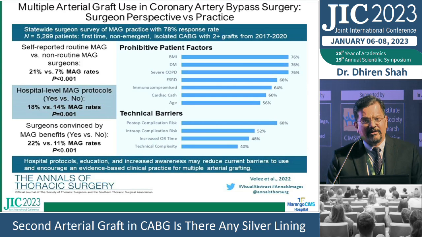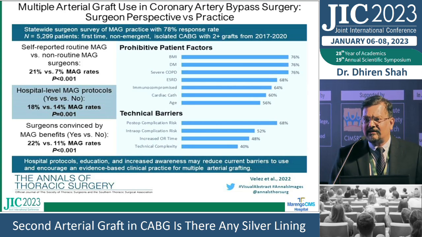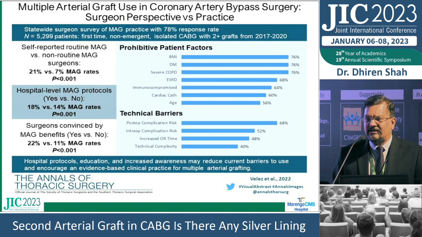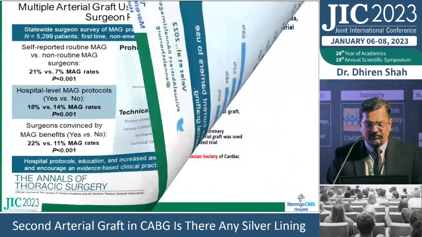But this is the recent analysis presented from the STS database, and what they showed is that in spite of the data and the literature available, only 22% of the patients are still getting bypass surgery with multi-arterial grafts. The reasons they have quoted for not doing multi-arterial grafts are very many, and they are debatable points.